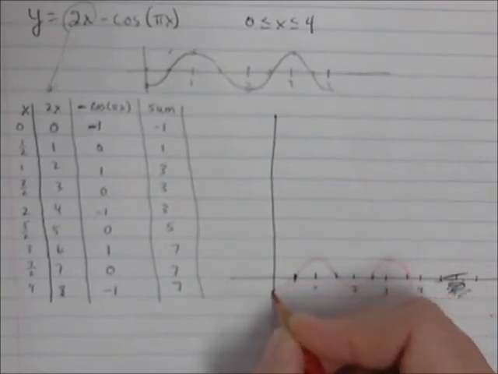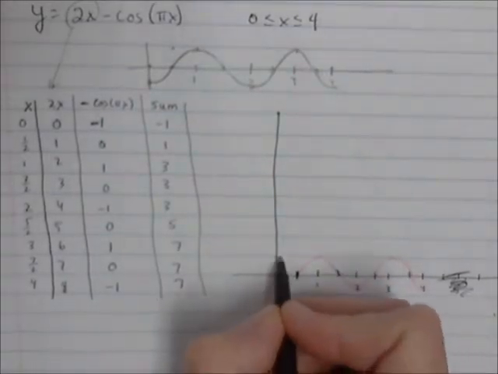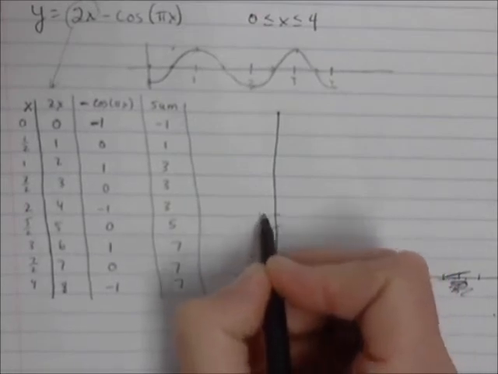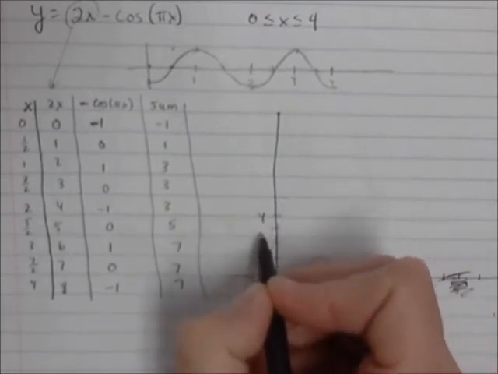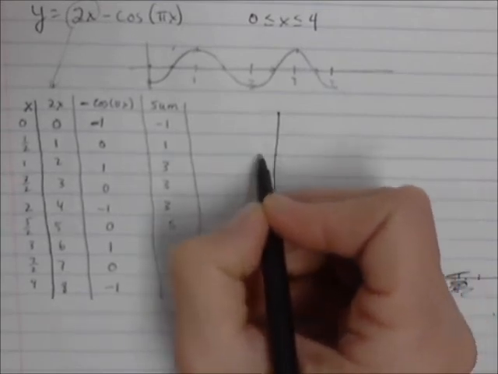And this negative cosine function is going to be added to the 2x function. So here's 1, 2, 3, 4, 5, 6, 7, 8.